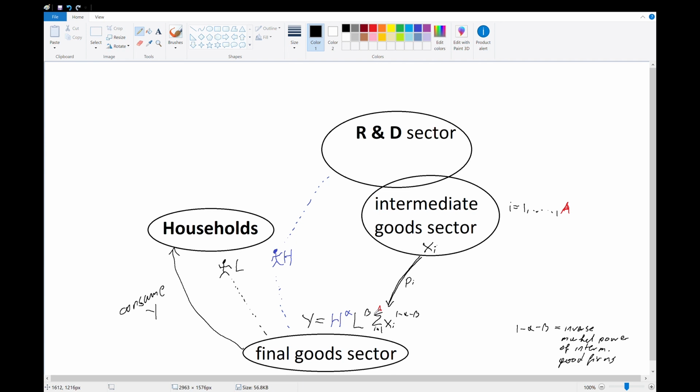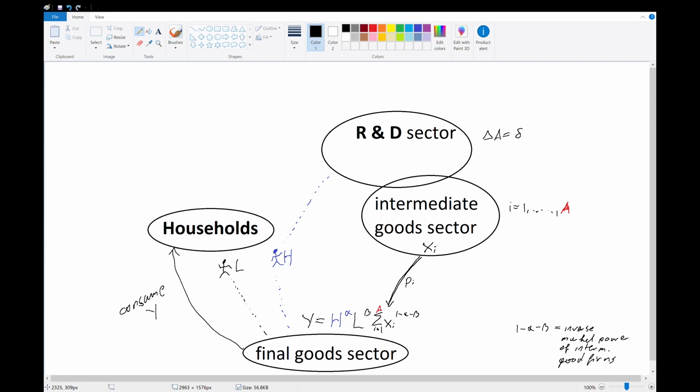So how is a machine being developed? That's where the key action in the model takes place, and that's in the research and development sector. So we look at the change in A, that's how many new designs are being developed, and this is in Romer's original paper modeled by the following function.